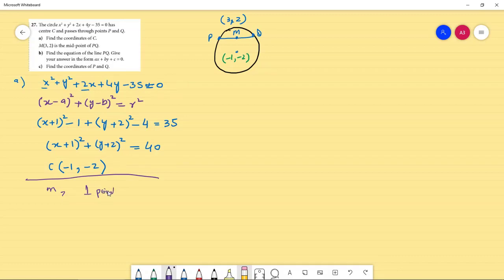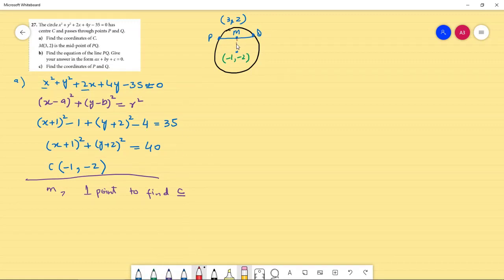For which purpose? To find the y-intercept, to find c. So we already have one point on the given line PQ, that is M, which is 3, 2. We need the slope. Now look at this. How can we draw or find the slope of this equation?